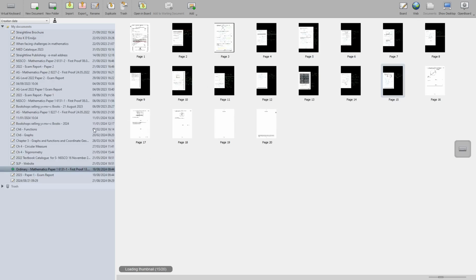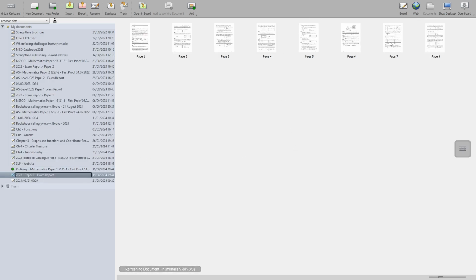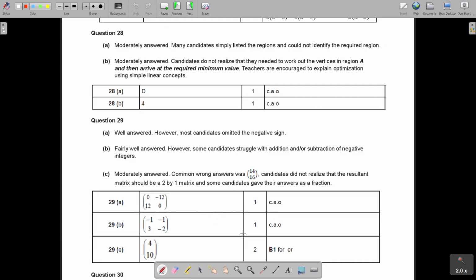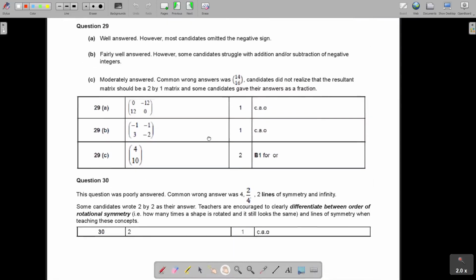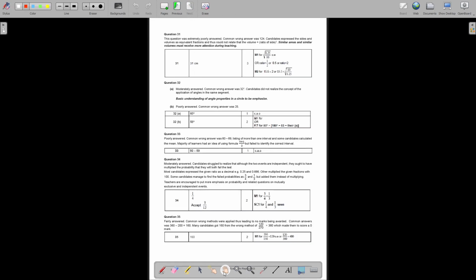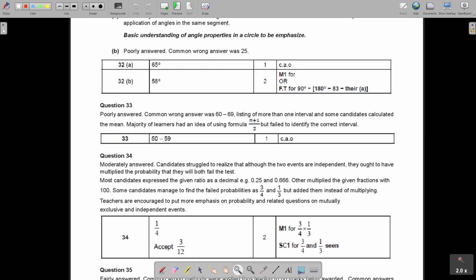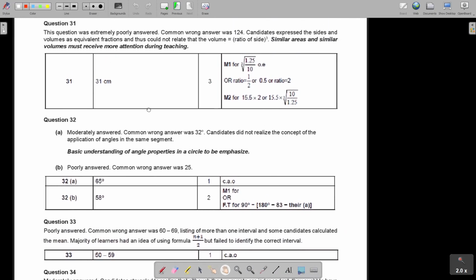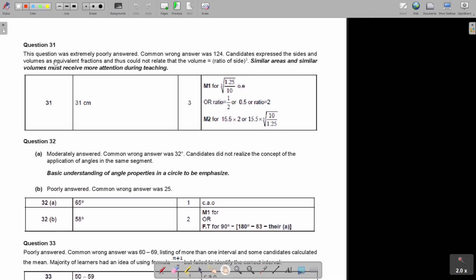So in the report, if we go and see what they say there, I think sometimes this is the kind of one where students will struggle. This question was poorly answered. Common answer was, okay, no, it's 31. Okay, let's see if this was better answered. Okay. Yes, I thought it's poorly.